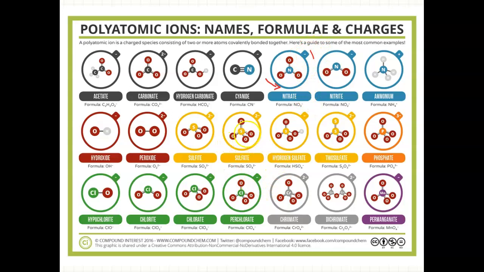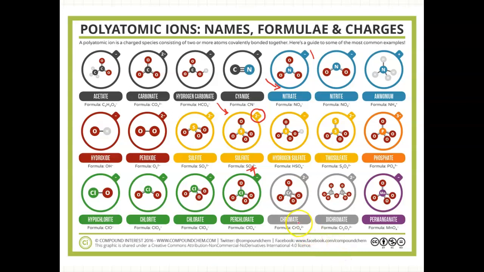Another common one is sulfate. Sulfate is SO4 with a -2 charge. And you're going to notice that with SO4, that means you have one S and 4 O's, and if you take a peek right over here, it has a -2 charge.